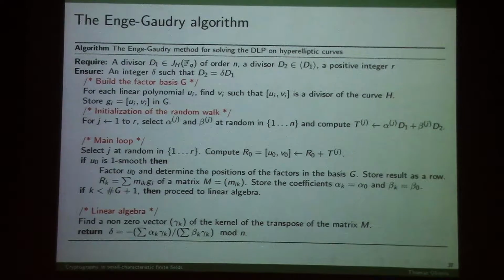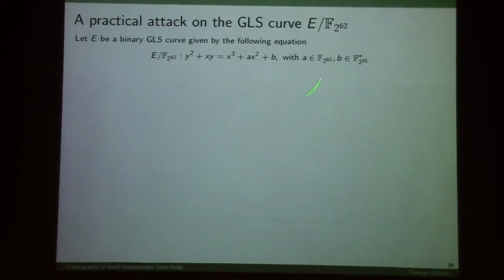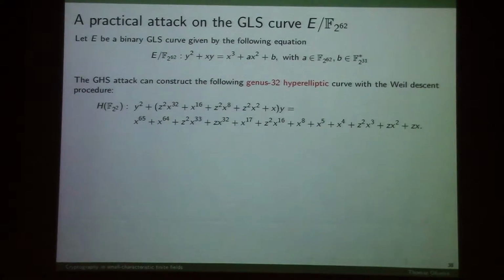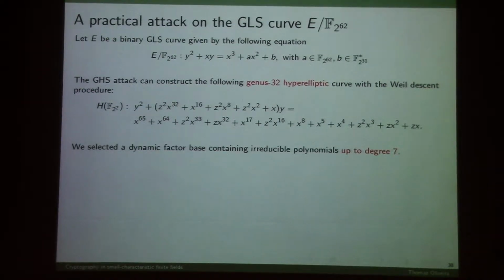Okay, so we set out to attack a GLS binary curve over this field here, which has parameters that are vulnerable to this attack. And the GHS attack produced a genus 32 hyperelliptic curve, like this one. We select a factor base of polynomials up to degree 7, but we follow a different approach from the original algorithm: we start the factor base as an empty set, and then throughout the relations we add polynomials there.